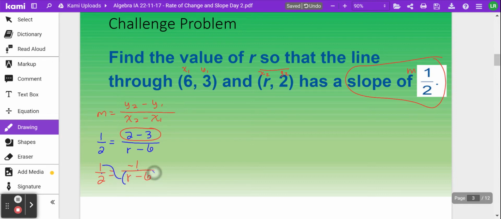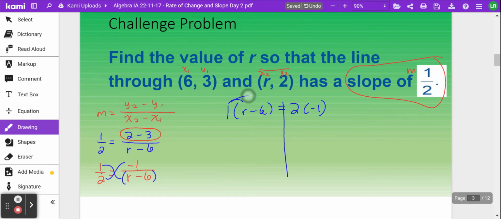So we have the 1 multiplied to the r minus 6 and the 2 multiplied to the negative 1. Now, keep in mind, guys, I'm showing you one way. This is a concrete way of doing it. There are other methods, just showing you one.